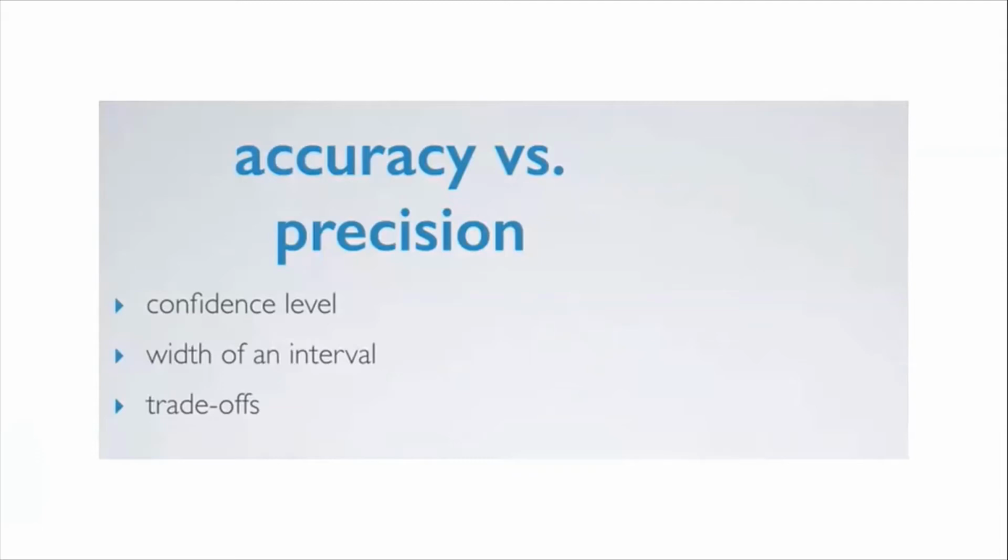So we need to discuss a little bit of accuracy versus precision: how the confidence interval contributes, what the width of the interval means, and what factors influence this width. What makes it wider or narrower?